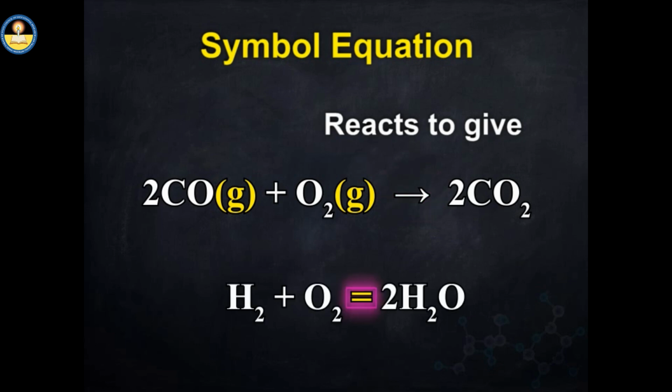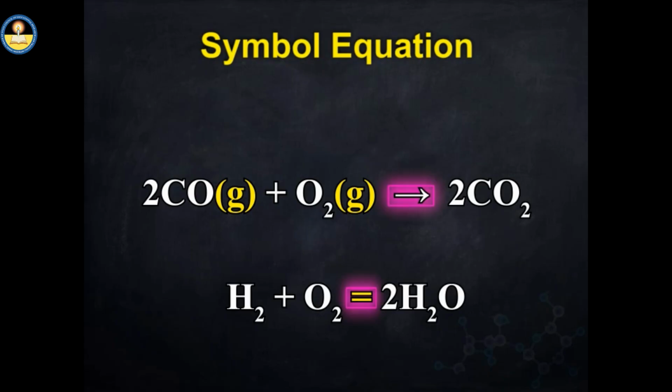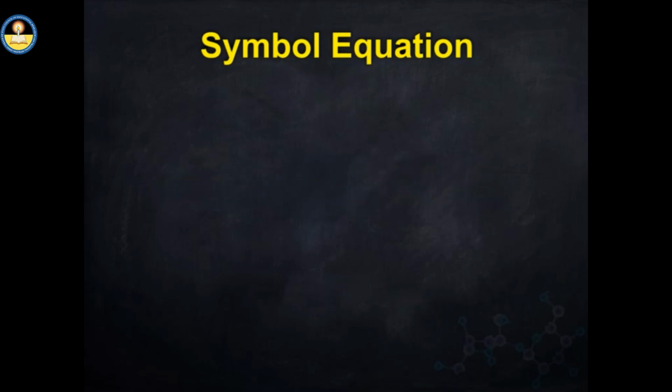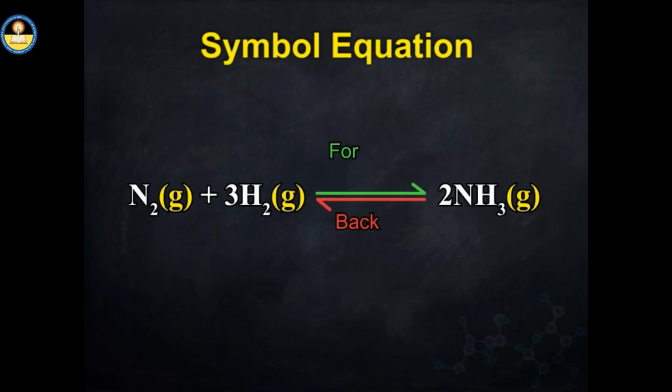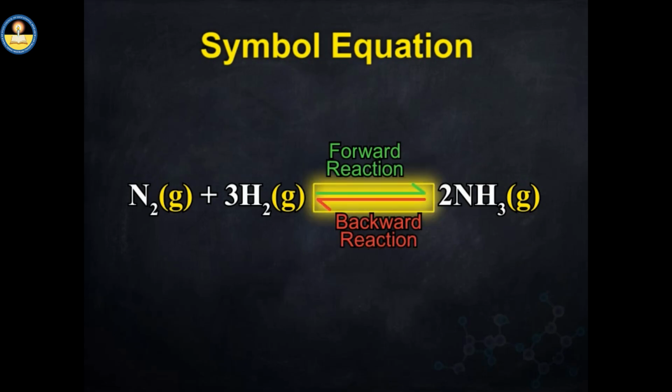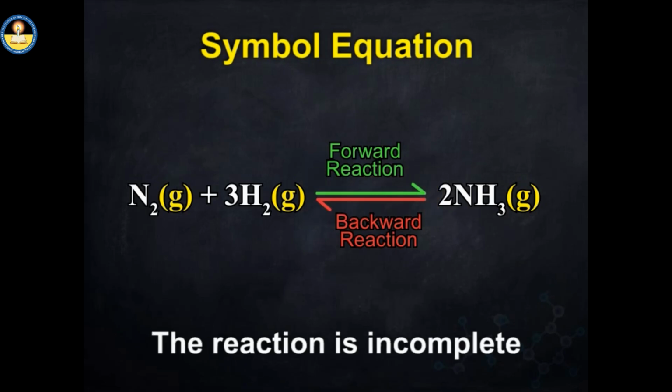Sometimes an equal to sign appears in place of the arrow. Both are correct, so either of these can be used. At other times, a symbol containing two half arrows pointing in opposite directions may be used. This specifies the reaction is incomplete.